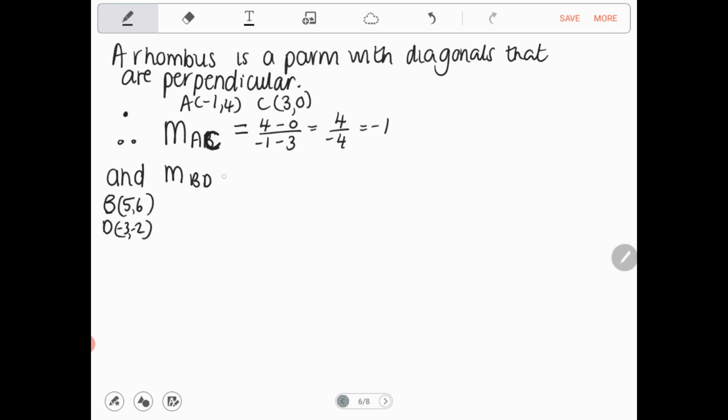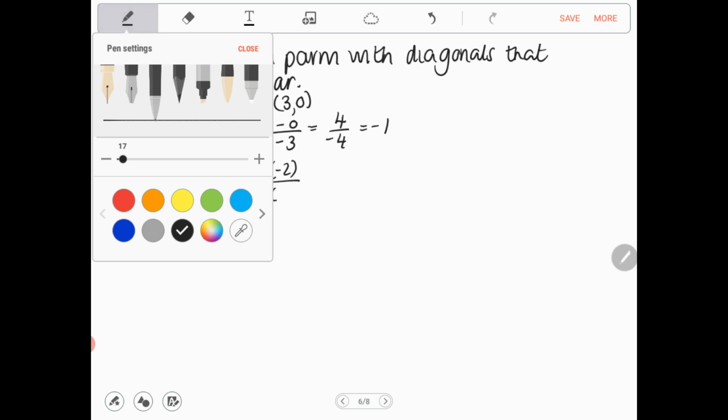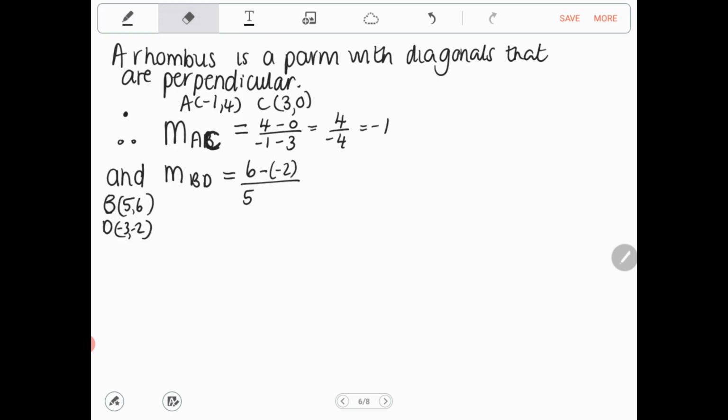So the gradient of BD is the y at B minus the y at D, and remember, we're subtracting a negative there, so I should have put that in a bracket, over the x at B minus the x at D. That gives me 6 plus 2, which is 8, over 8, which is 1.